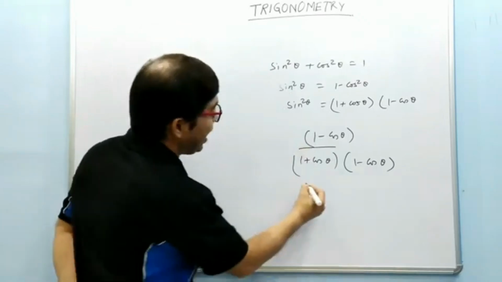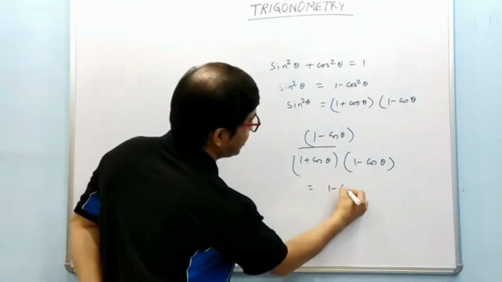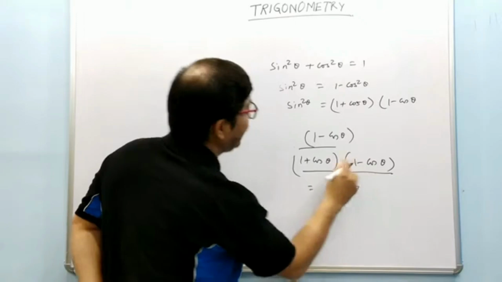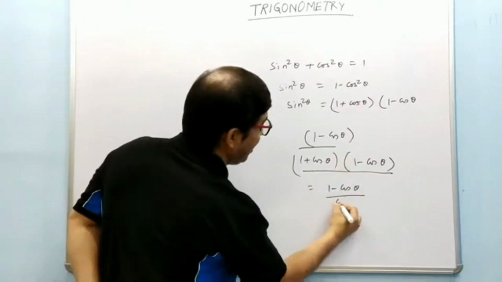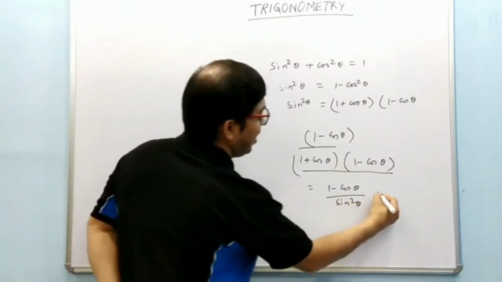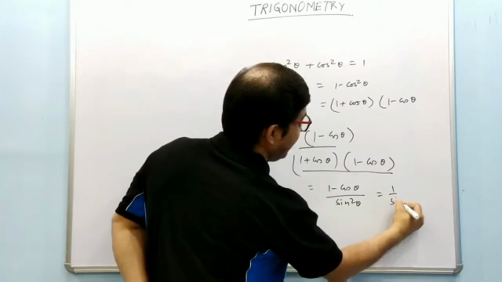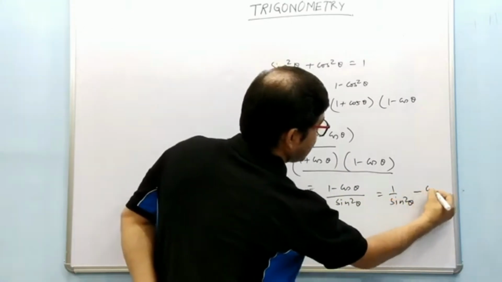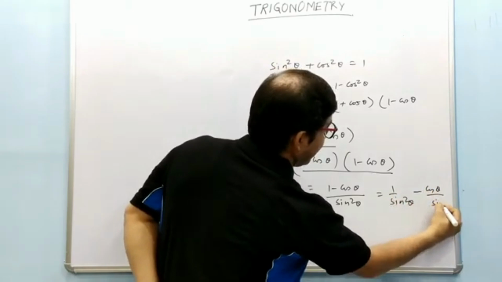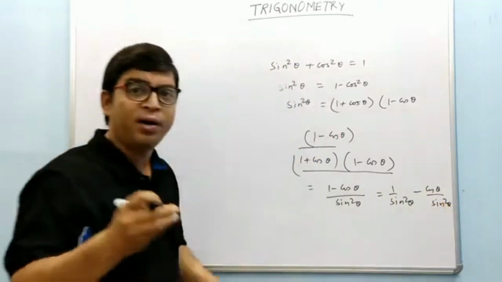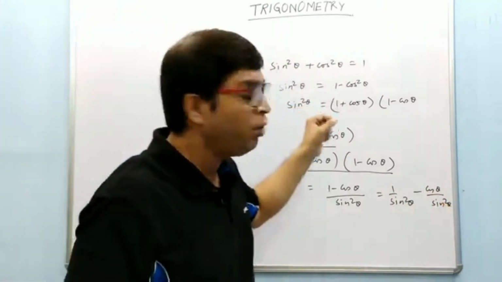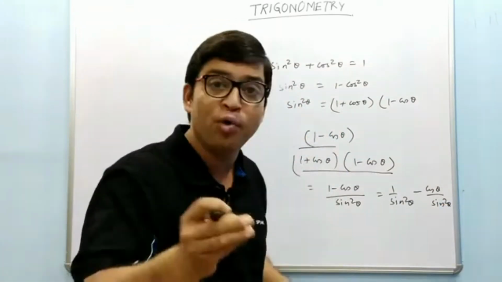So this can be written as 1 minus cos theta over sine square theta. Further, this can be written as 1 by sine square theta minus cos theta by sine square theta. Just see one of the manipulations of that simple formula.